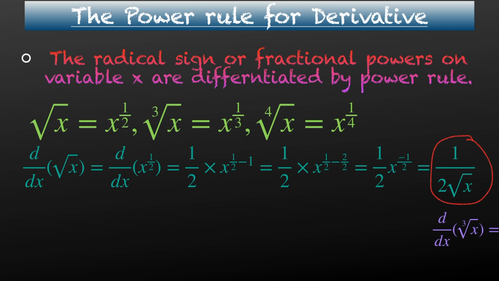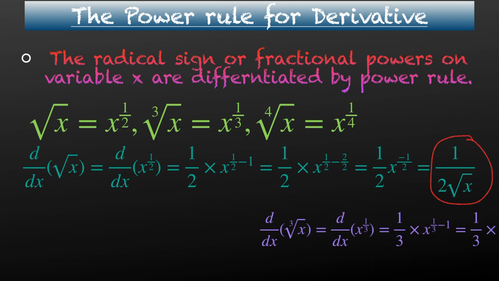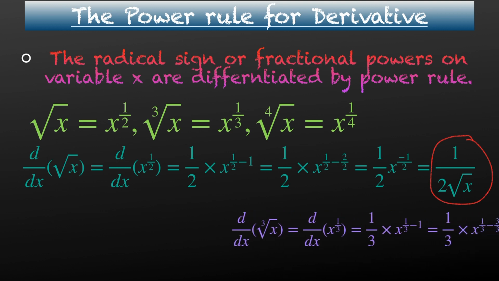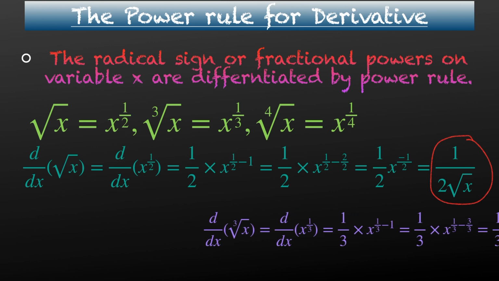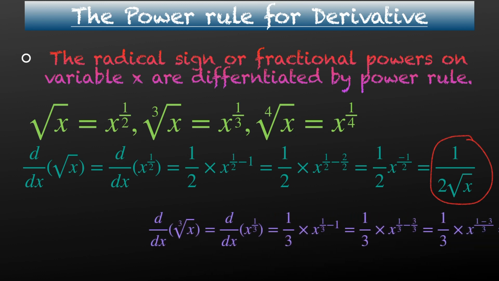Now we find the derivative of the cube root of x and you all know cube roots are 1/3 power, so d by dx of x raised to power 1 by 3. By using the power rule, bring 1 by 3 up front, multiply it with x and the power goes down by 1 by 3.